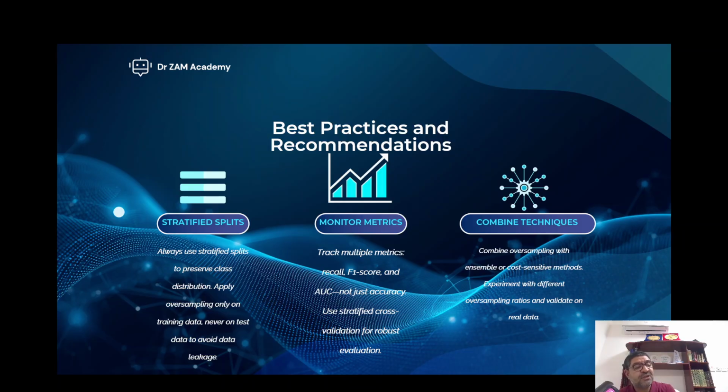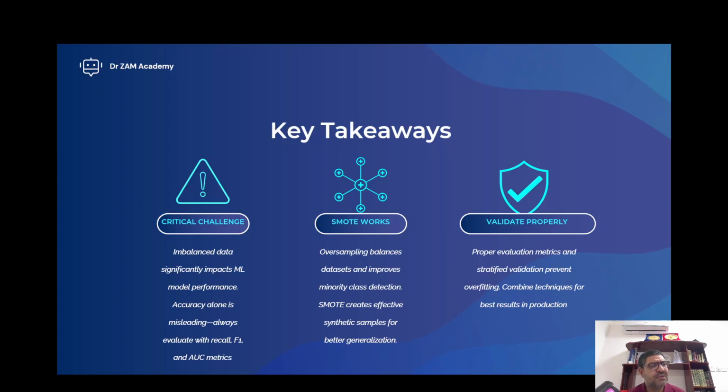So AUC, not just accuracy. Accuracy is not the only factor. We have seen that in certain cases which we have discussed, for those applications, accuracy is nothing. So AUC will be taken into consideration. Stratified cross validation for robust evaluation. All of these things we have discussed.